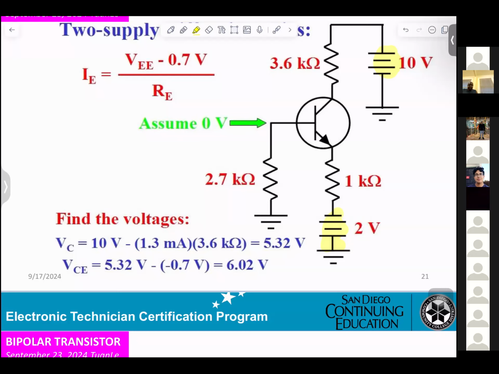That means the collector here and VCE, that means from C to E. They want VCE.